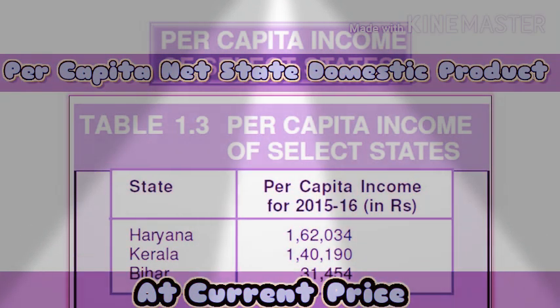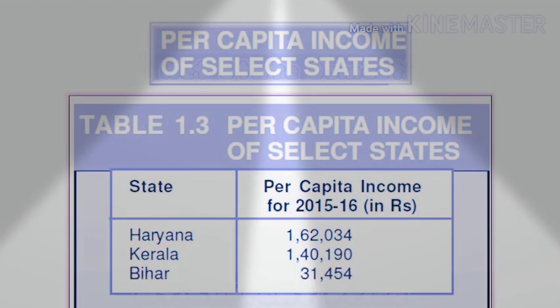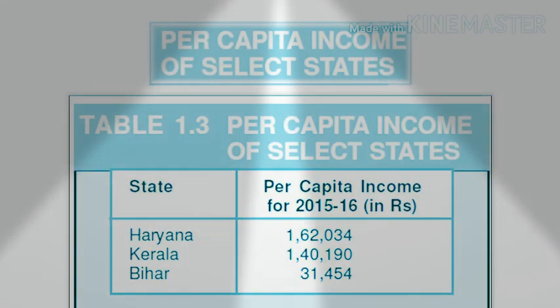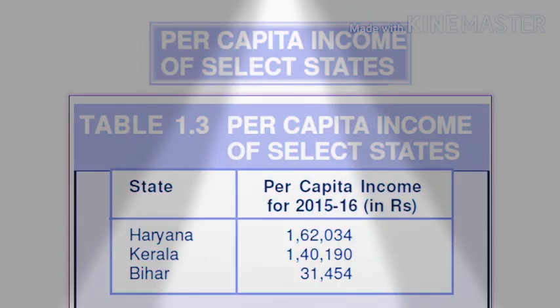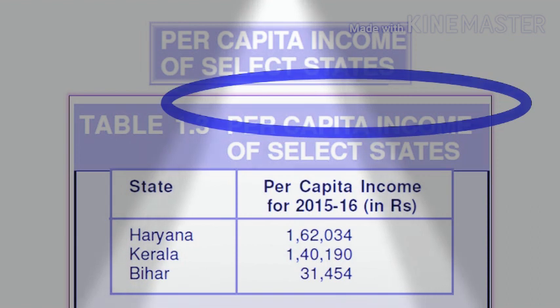Now, per capita net state domestic product at current price is a complicated term. We are not going to discuss this. We will ignore this term. You will study it in economics in higher classes. But it roughly means the per capita income of the state.